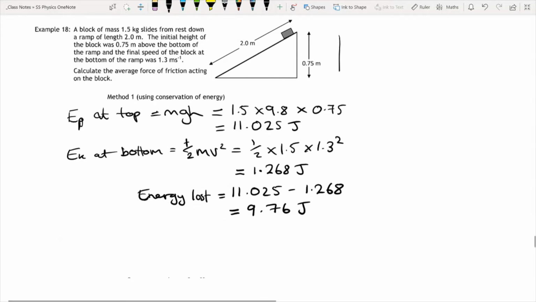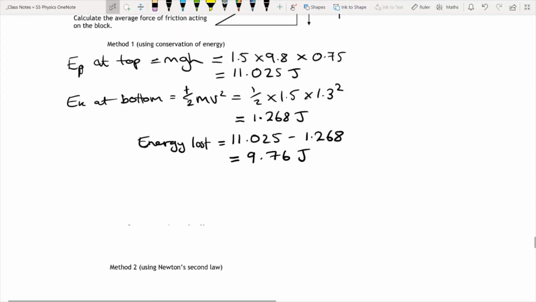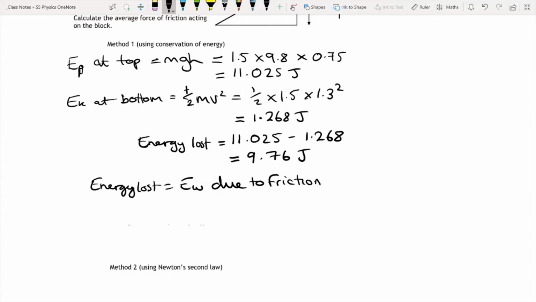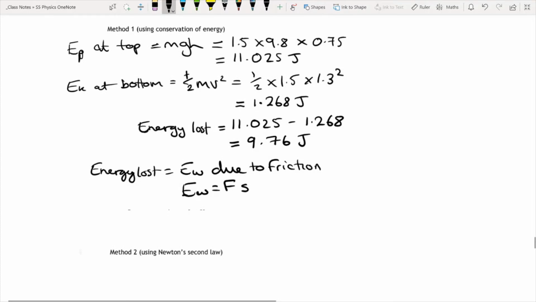That's not the answer to the question though, because we're asked to calculate the average force of friction acting on the block. So the energy lost is equal to the work done due to friction. Work done is force times distance, or in the equation list it is labelled force times s for displacement.